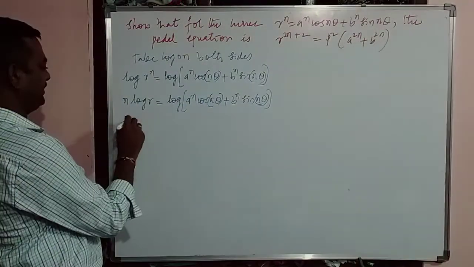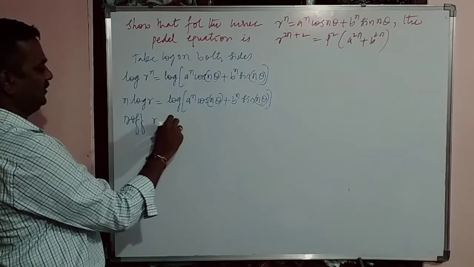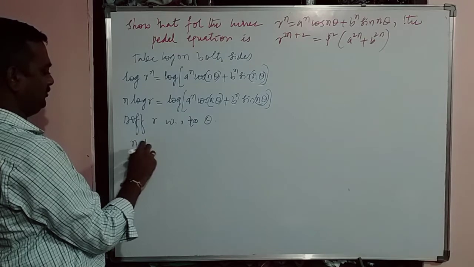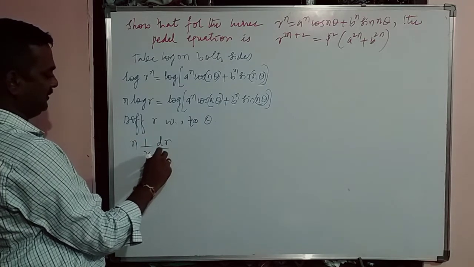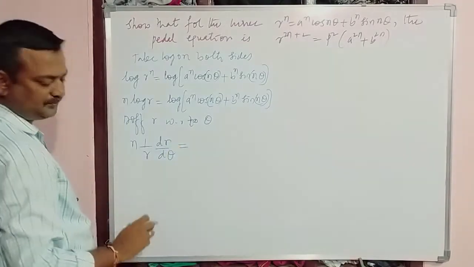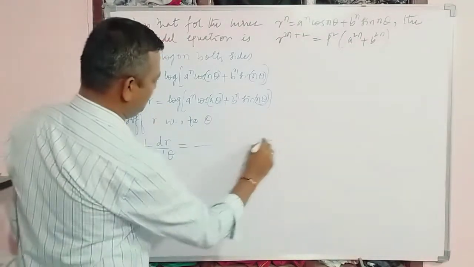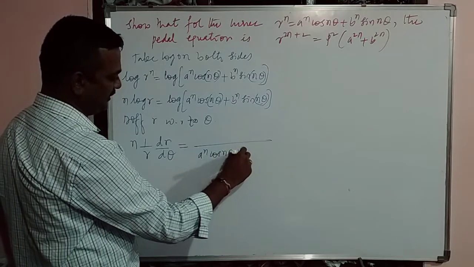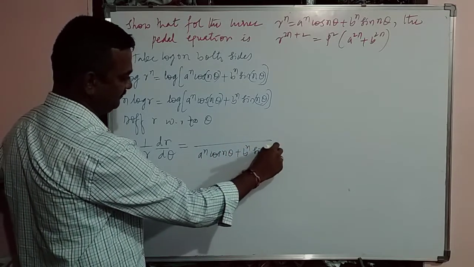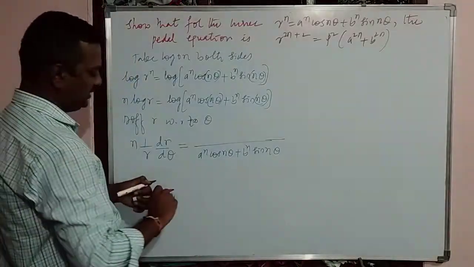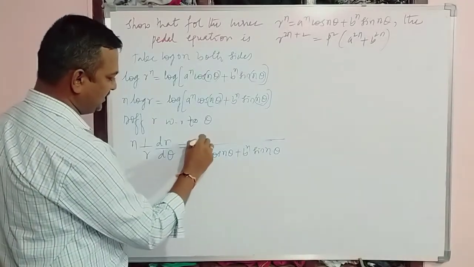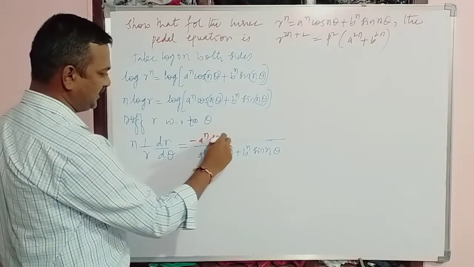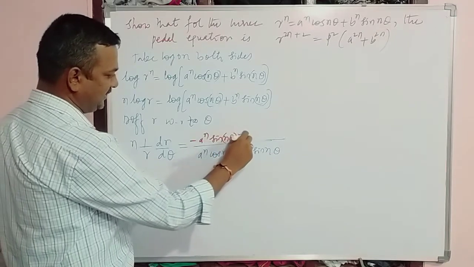Now differentiate with respect to θ. So this is n into 1/r into dr/dθ is equal to 1/(a^n cos nθ + b^n sin nθ) into the derivative. Further, differentiation of a^n cos nθ: a^n is constant, so cos nθ gives minus sin nθ, and again nθ gives n.